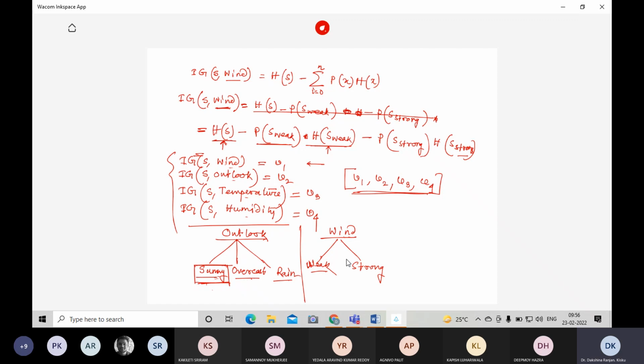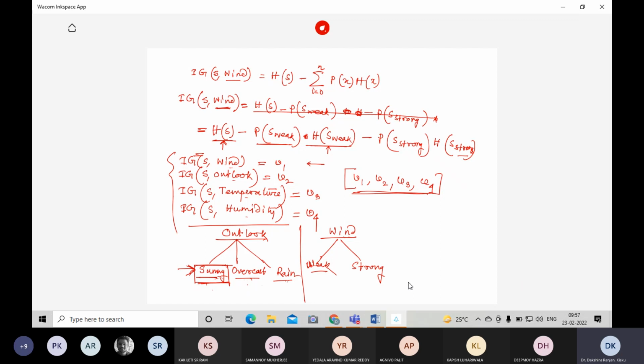We compute the information gain, then check which attribute gives us the maximum information gain, and according to that we select the root node for the subtree.